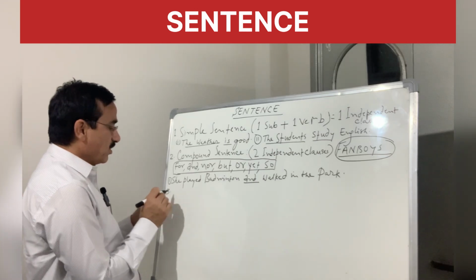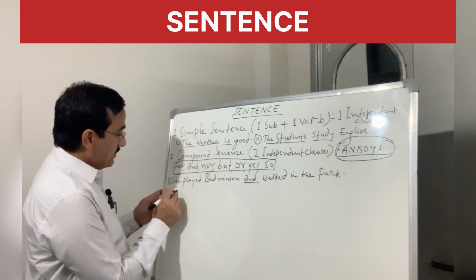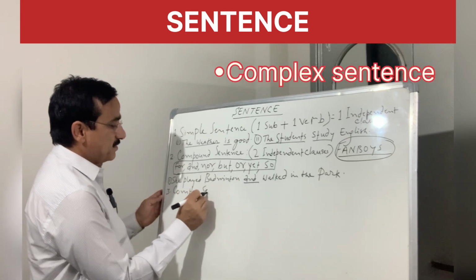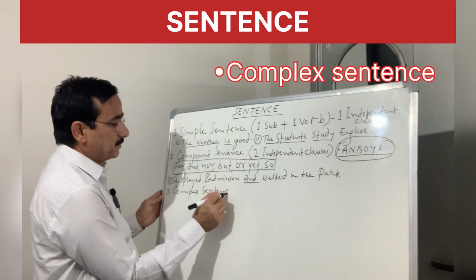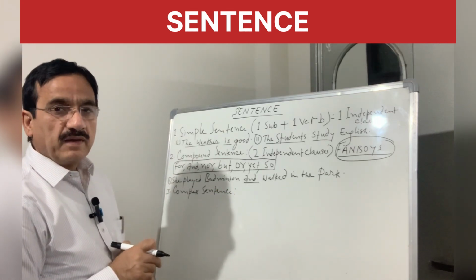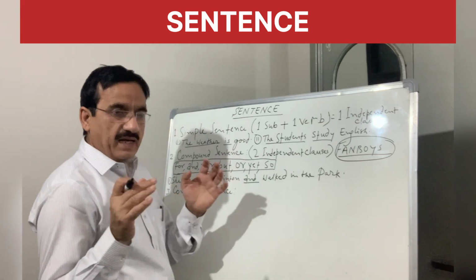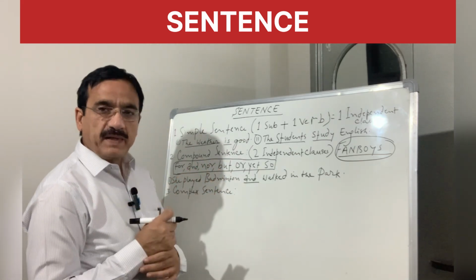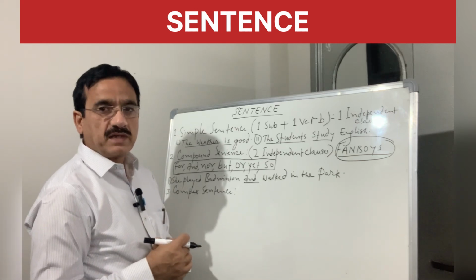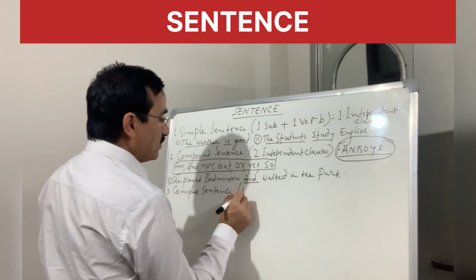Now come to complex sentence. A complex sentence usually has one independent, that is main clause, and one subordinate clause. One main clause, one subordinate clause.